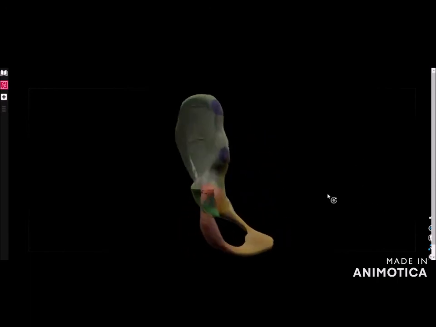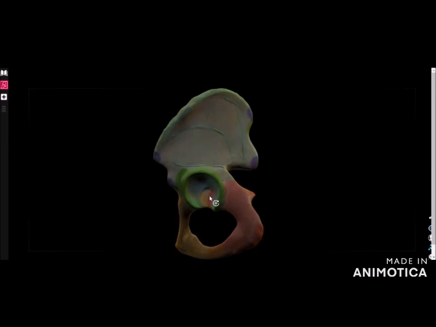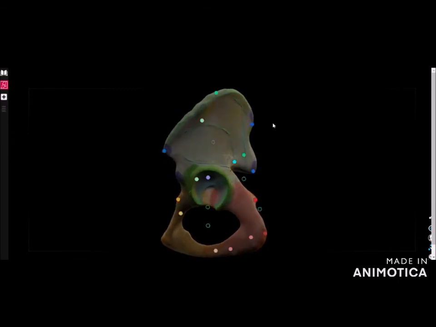Now, you can see that there's lots of parts that are indicated here, but we don't need to know all of those. What you should be able to do is identify the iliac crest. You should be able to identify the ilium, which is this overall upper part of the bone.